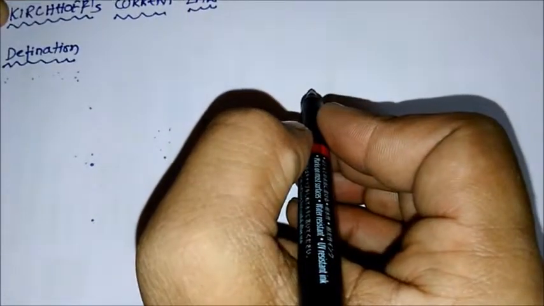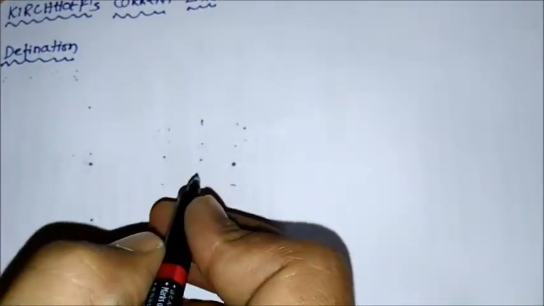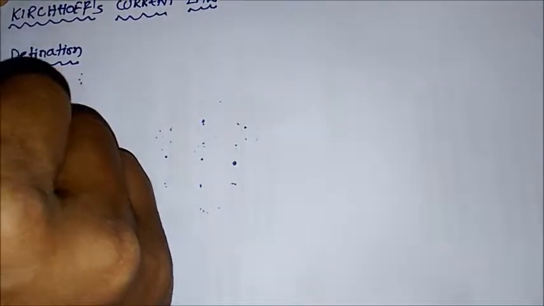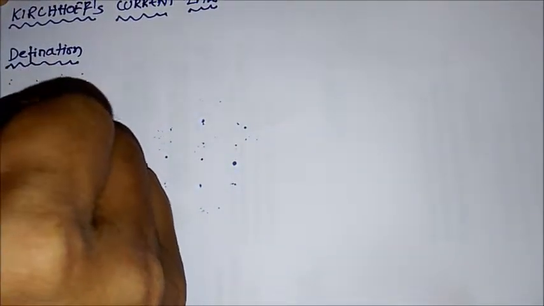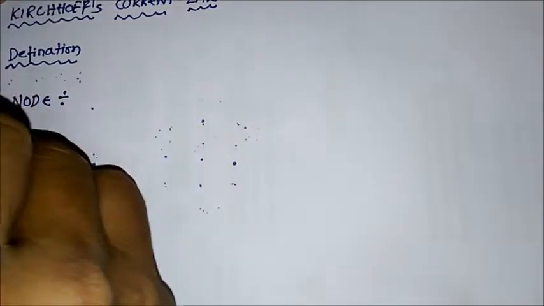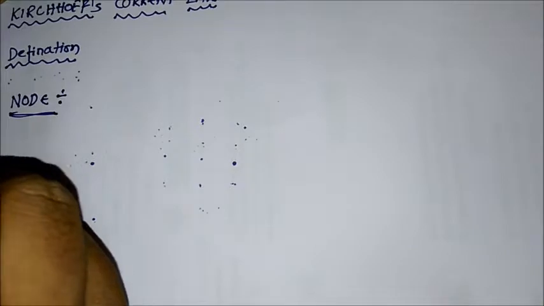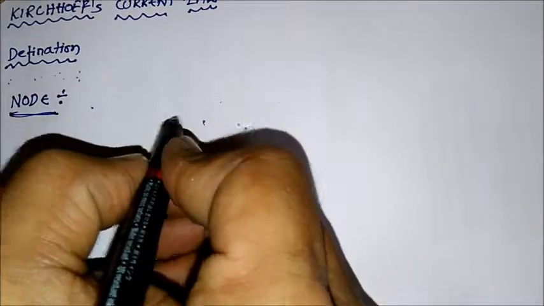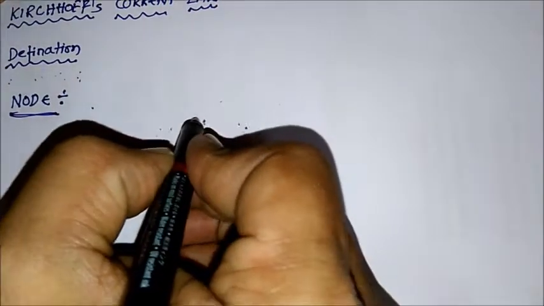Before going to the clear explanation of Kirchhoff's current law, first of all we need to know what exactly a node is. A node may be the interconnection of two or more branches. Now let us take a point here.